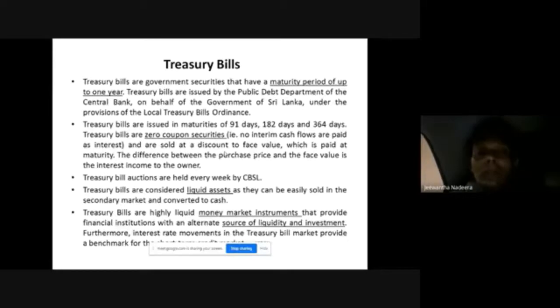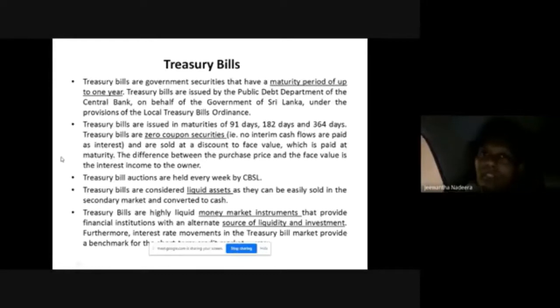We call them primary dealers. There are 10 primary dealers at the moment. There are some banks and some non-banking institutions as well. So these people can participate in the auction for 3 months, 6 months, 1 year.